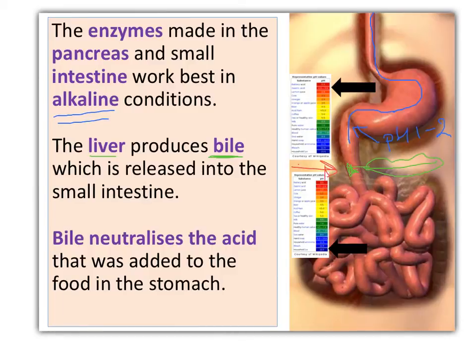Okay, now what that bile does is it neutralises the acid to prevent the enzymes that are being released from the pancreas from being denatured, because these enzymes work at a slightly more alkaline condition.